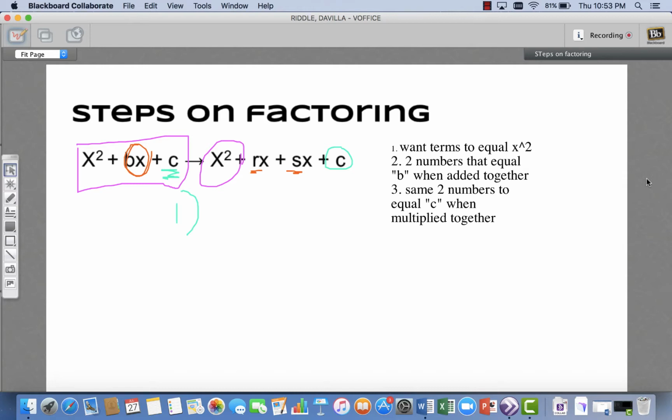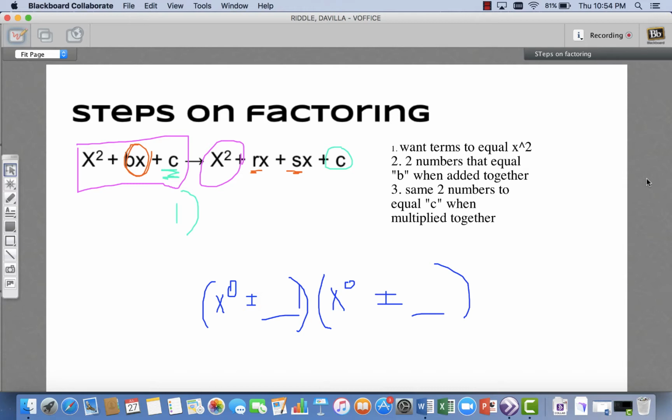And usually it's going to be in this format: x to some power, and then a sign. It can be plus or minus a number, and then x to some power, which can be either plus or minus some number.